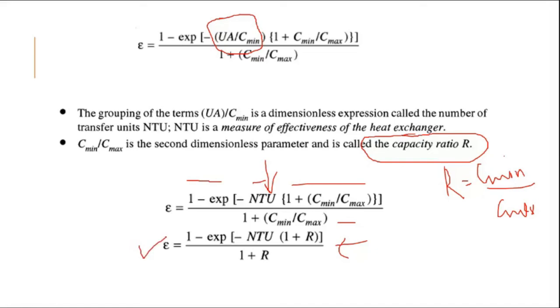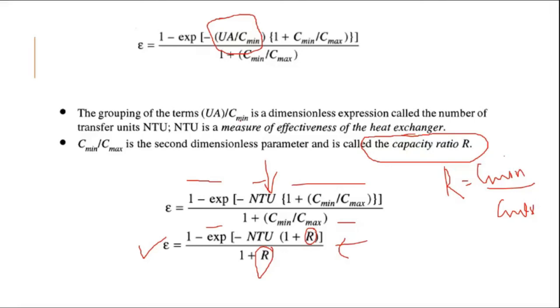We can write that this effectiveness value is equal to 1 minus exponential minus NTU times 1 plus C min by C max, and C min by C max value is nothing but capacity ratio, which is given by capital R. Here also for the denominator side, we have 1 plus C min by C max which is given by capital R.